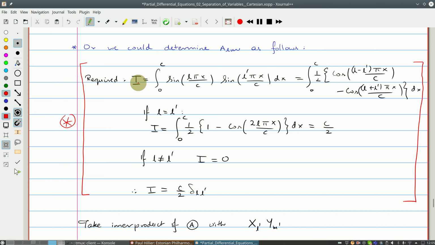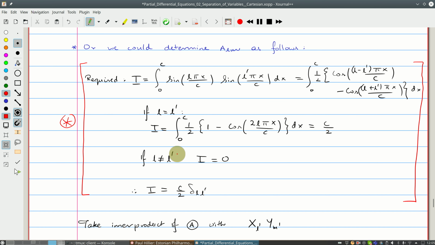So our integration range for both x and y is 0 to c. I hope you understand that, because the box has a length c along both directions. So we're going to use this result that the integral from 0 to c of sine L pi x over c times sine of L prime pi x over c with respect to x is 0 if L is not equal to L prime, and it's going to be c over 2 if L is equal to L prime.